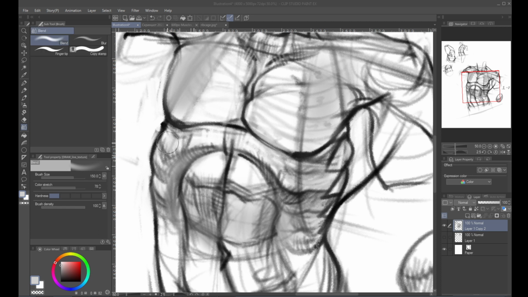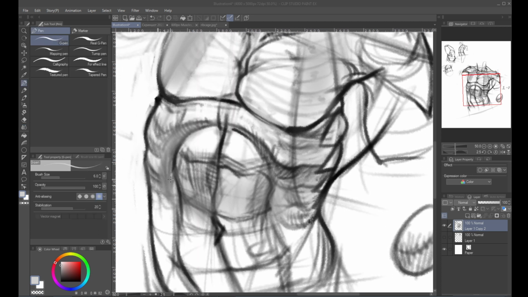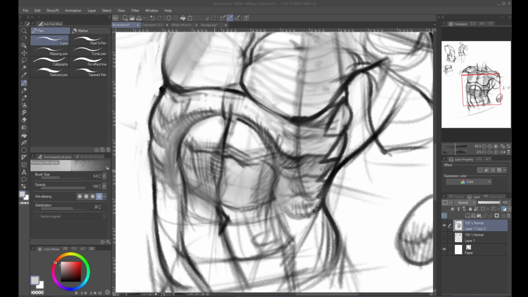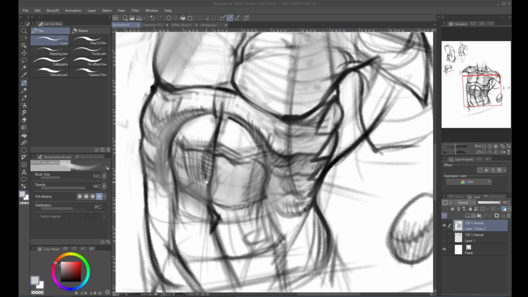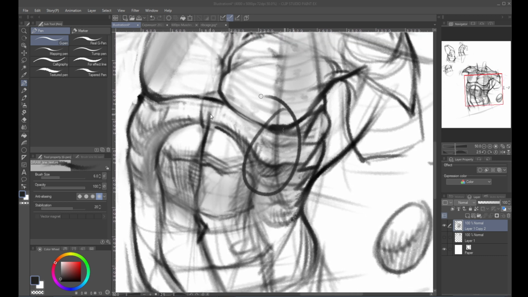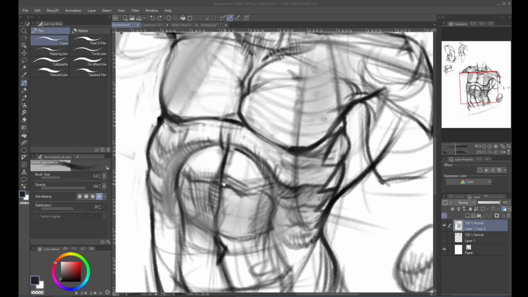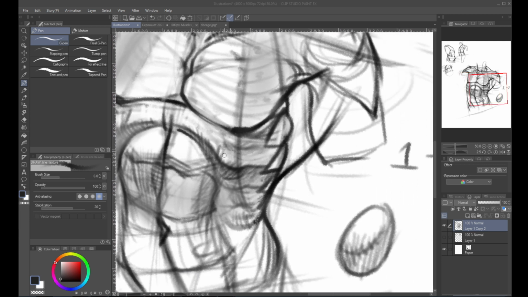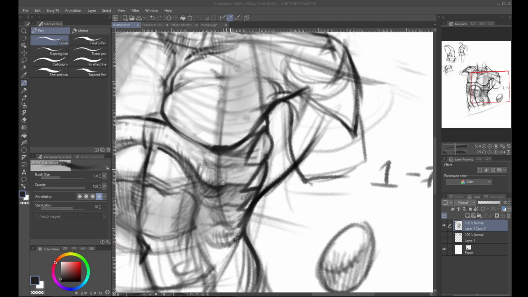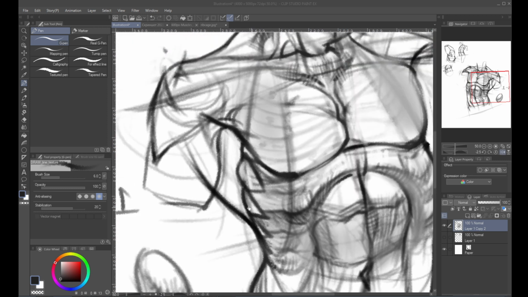So now mostly shading. Also I'm trying to get the contrast on the left side to be weaker, because the right side faces us and the left side faces away, so we need to have more tone on the right side, on the side that faces our viewer.